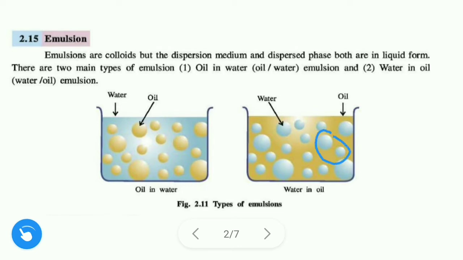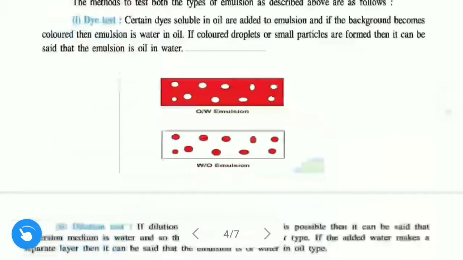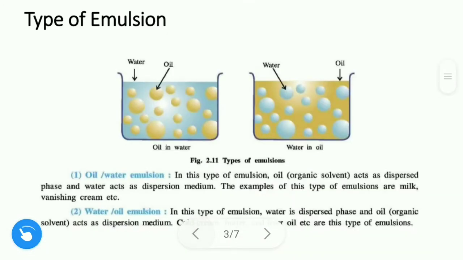As we can see, these are the globules, or you can say bubbles, that are formed inside the water. So next we will be discussing types of emulsion. There are two types of emulsion, that is oil in water and water in oil.